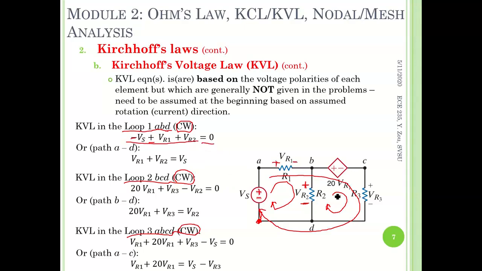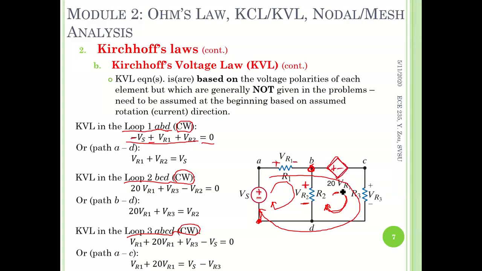And let's see loop 2 here. If we begin from the node here to rotate, the first voltage term we come across is this so-called 20 VR1. You need to be very careful here. This is a dependent source, and according to the symbol here, we can tell this is a voltage dependent source.